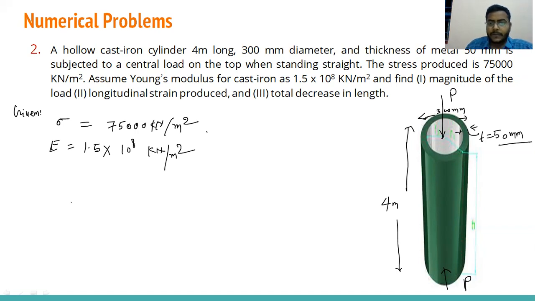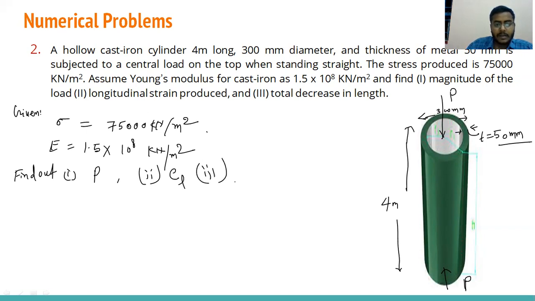Then find out the magnitude of load, that is P, we have to calculate first. Second, the longitudinal strain produced. And third, the total decrease in length, which means delta L.